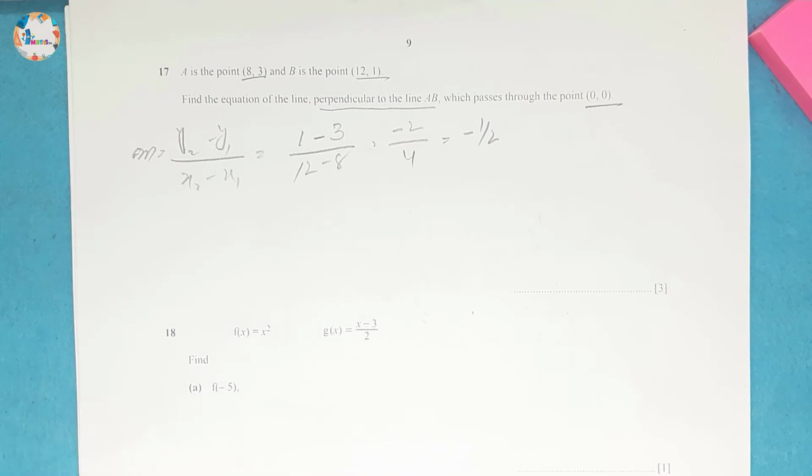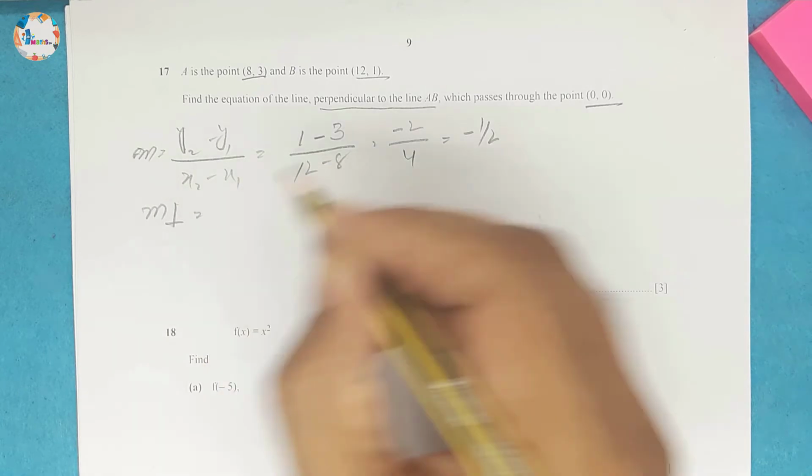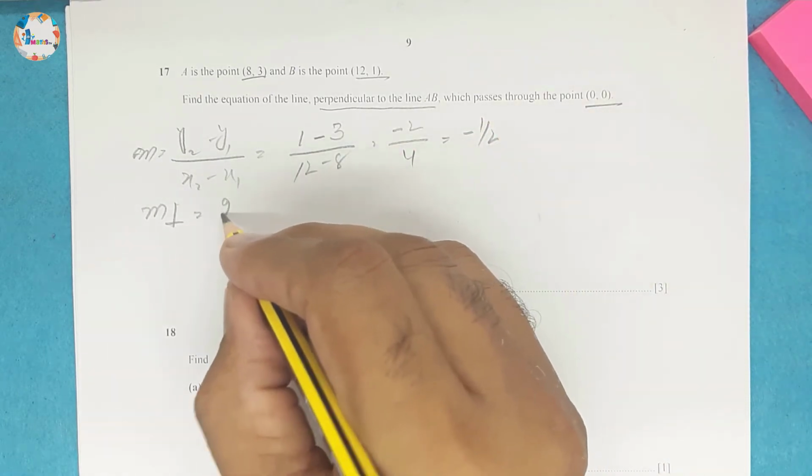So this is basically the gradient of AB. Now we can find the gradient of the perpendicular, which will be reciprocal and change sign, so it will be 2.